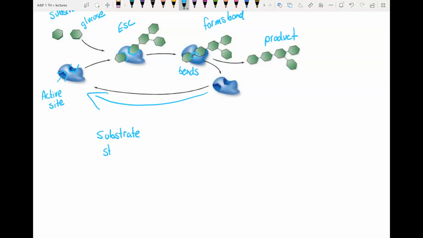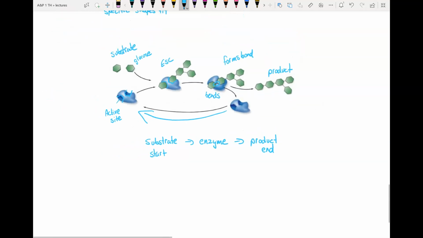Substrate is what you start with. It binds to the enzyme. The enzyme bends, it either breaks the substrate or links two substrates together, and you get product. Product is what you end with. And then the enzyme is ready to repeat.